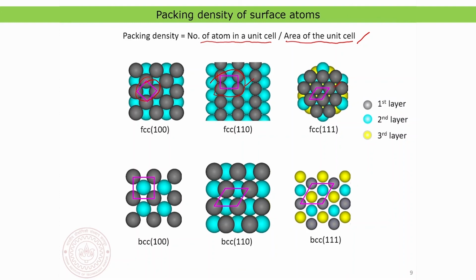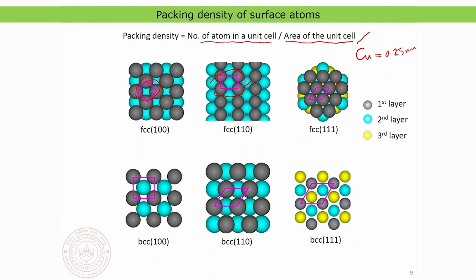Now let me show you an example. Let's assume that for copper, the bulk lattice parameter, that means a0, is 0.25 nanometer. And that of course is an FCC lattice.